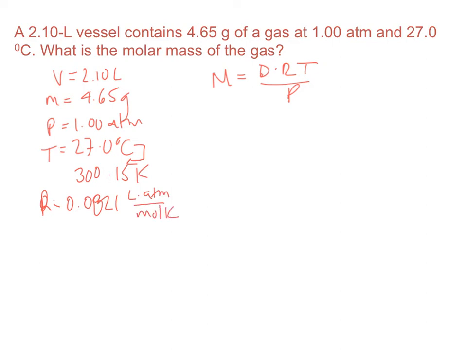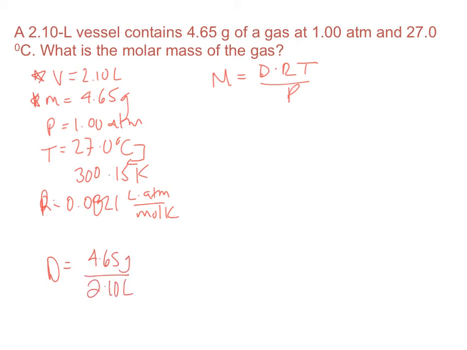Now if we look at the things we do have, we have R, we have T, we have P, and density we know is equal to mass divided by volume. I have mass and I have volume, so that's going to allow me to calculate my density. I'm going to take 4.65 grams and divide it by 2.10 liters.